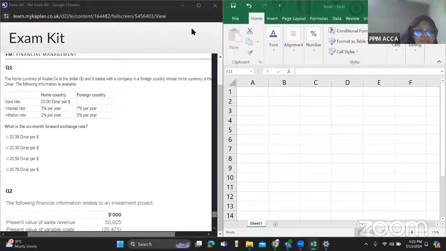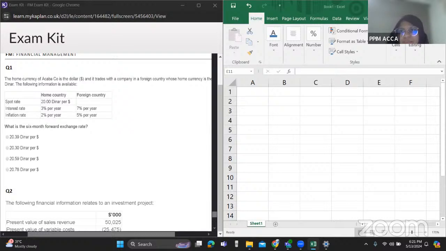You have an answer. What do you think the forward exchange rate will be? A. Okay, great. So when I look at this, I can think of two different equations in mind.